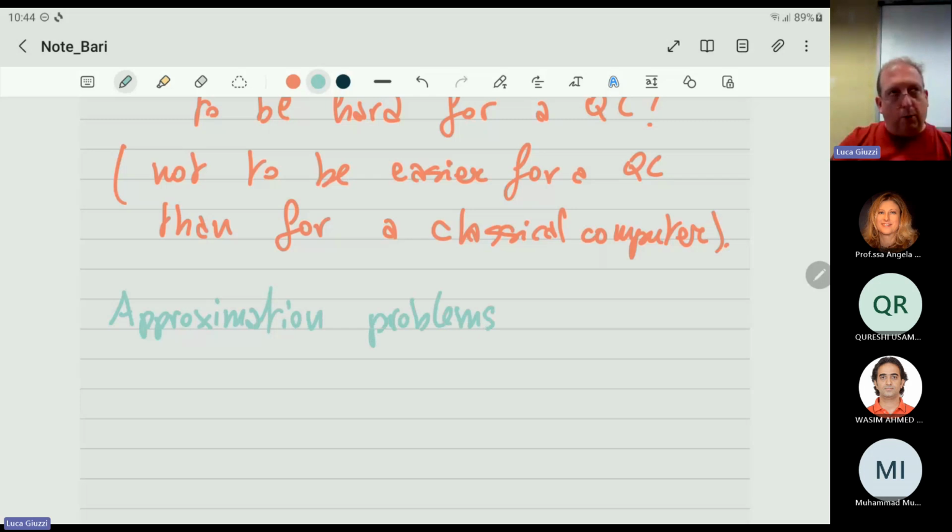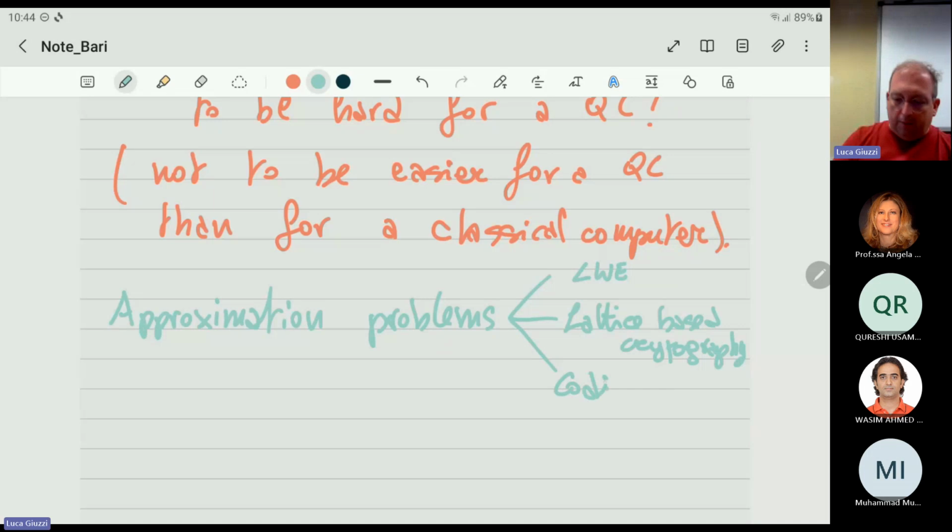And these kind of problems, we shall see, lead to at least three families of interrelated aspects or interrelated algorithms, which are the so-called learning with errors kind of problems. Then we have lattice-based cryptography. And then coding-based cryptography.